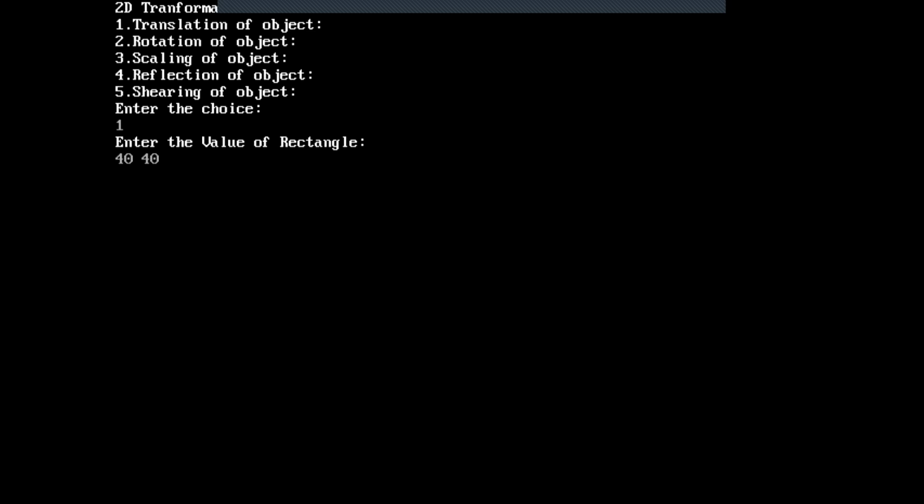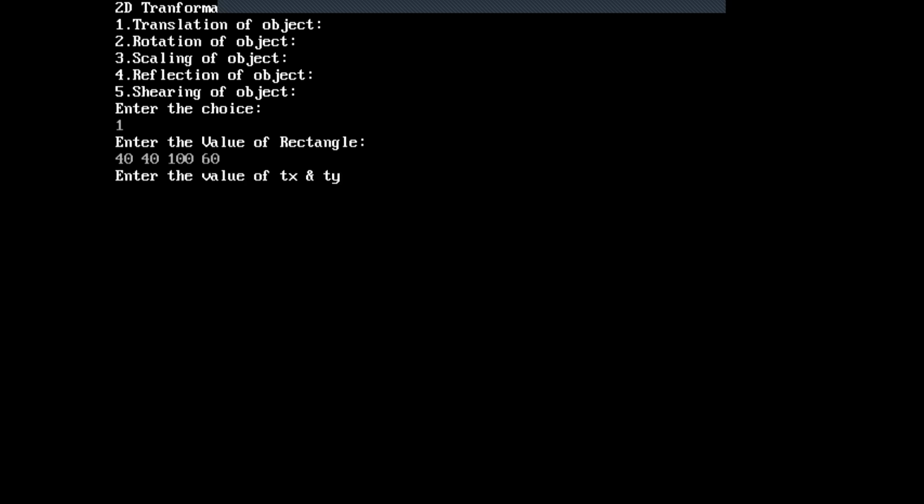So 40, 40 is the left bottom element, and the top right element may be 100, and let us say 60. Okay. So this is your rectangle.